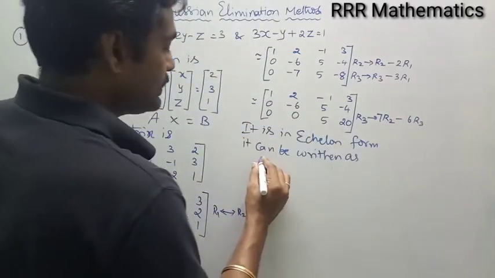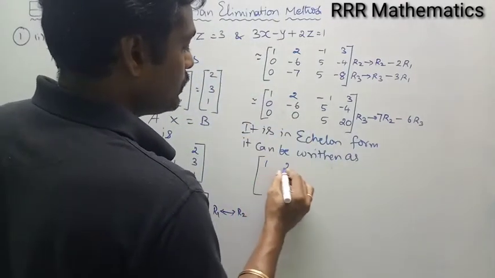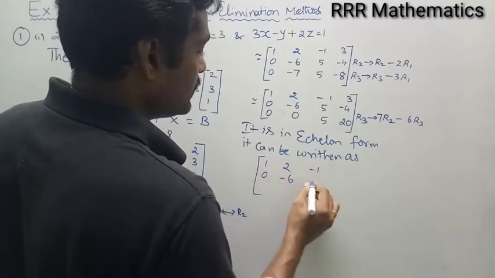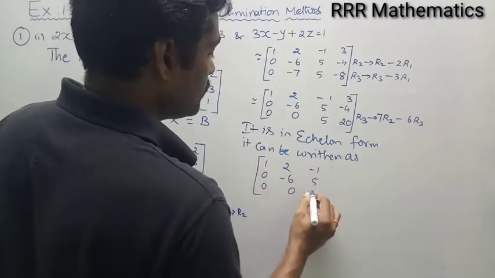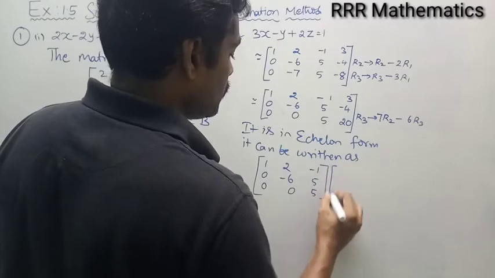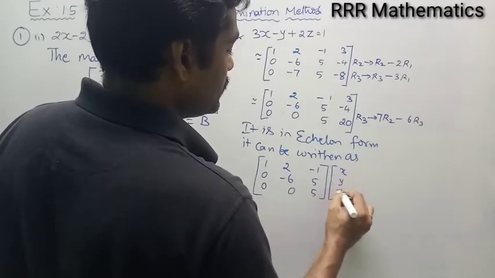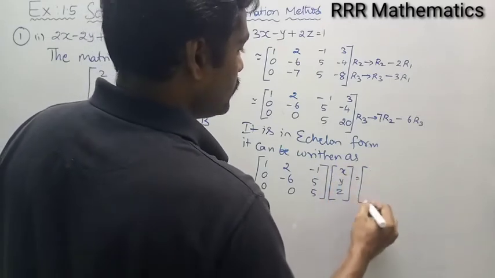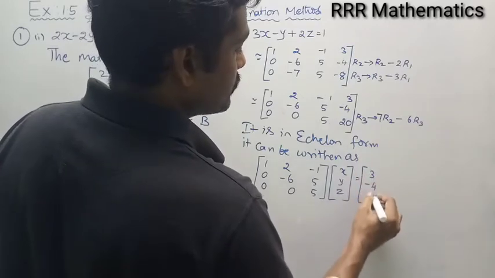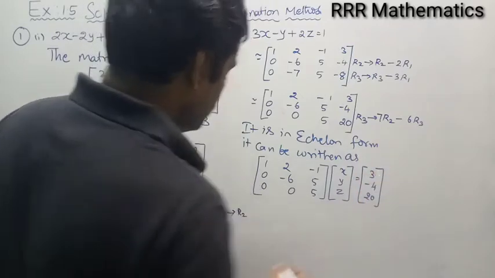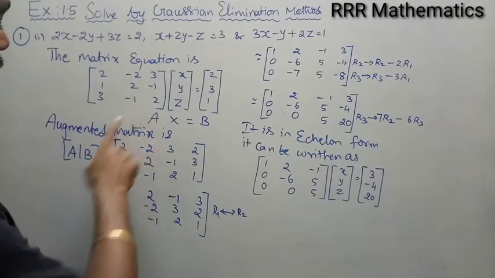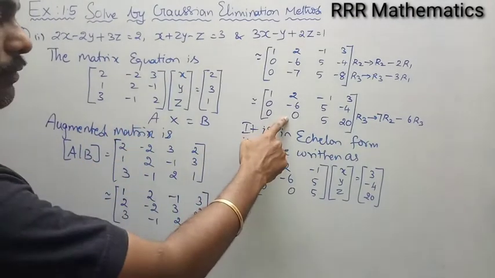It can be written as the matrix 1 2 minus 1, 0 minus 6 5, 0 0 5, times x y z, which is equal to the constants 3, minus 4, 20. Got it? So very first step, matrix equation, then augmented matrix, bring into echelon form.